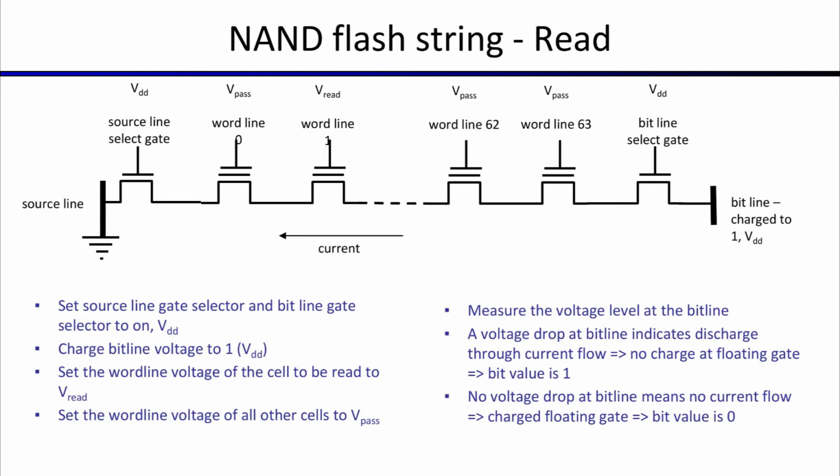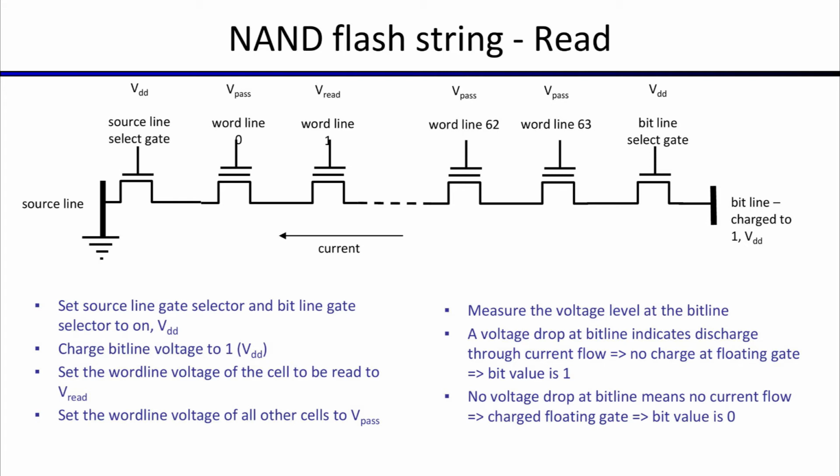Then you select the source line and bit line voltages to select this string. The string is selected, and one of the word lines is kept at the read value. The other ones are kept at the pass value, so the whole current will flow. You are now able to measure, based on the word line you wanted to detect, a value that's either 0 or 1.